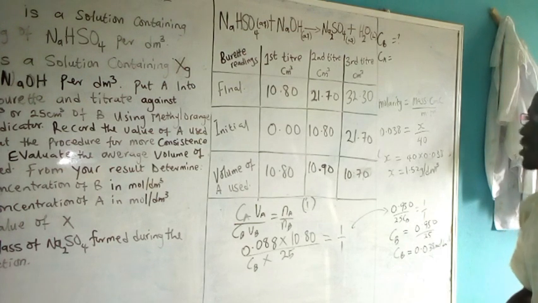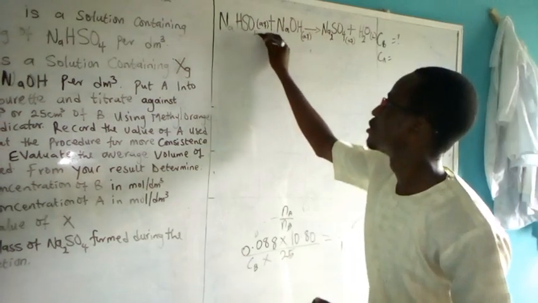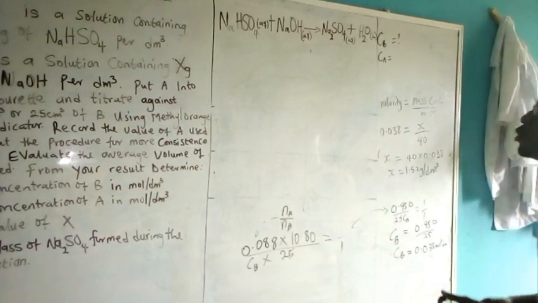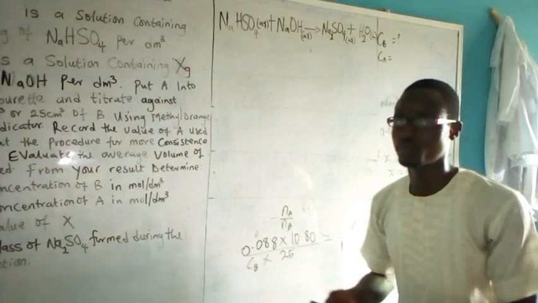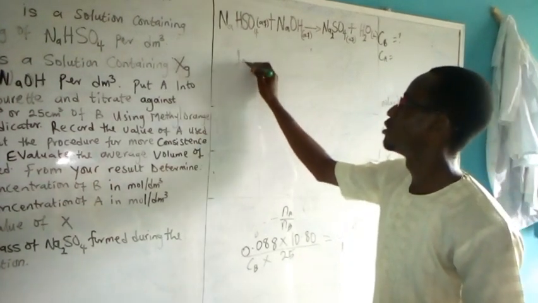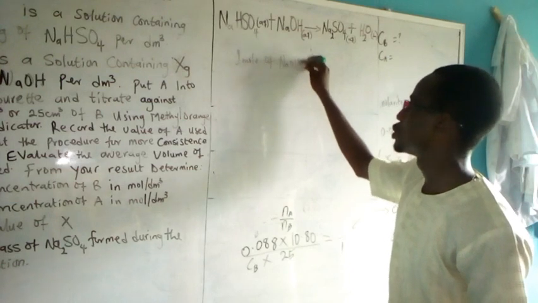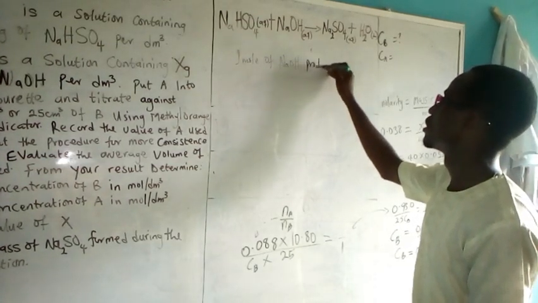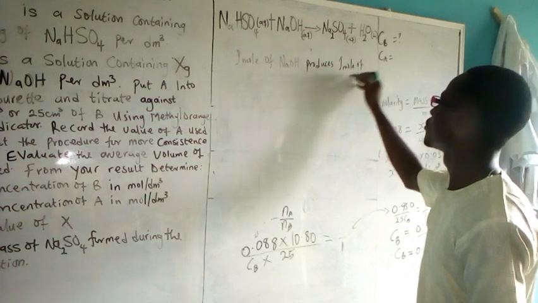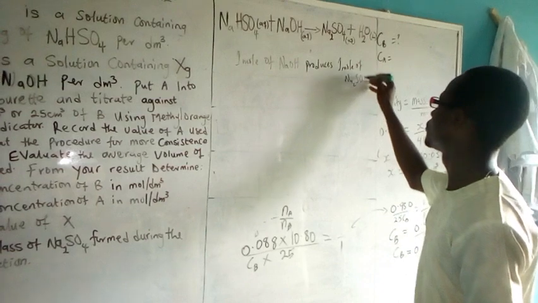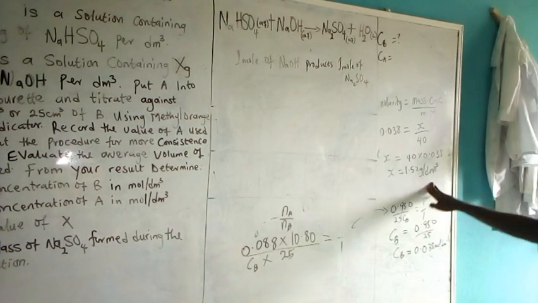So, according to the equation, 1 mole of NaOH produces 1 mole of Na2SO4. So how many moles is this 1.52 gram of sodium hydroxide?